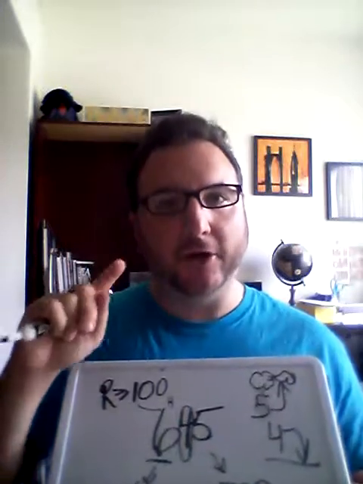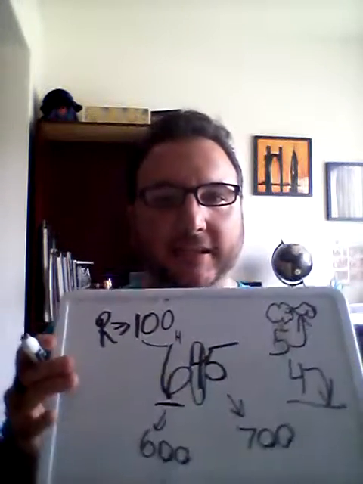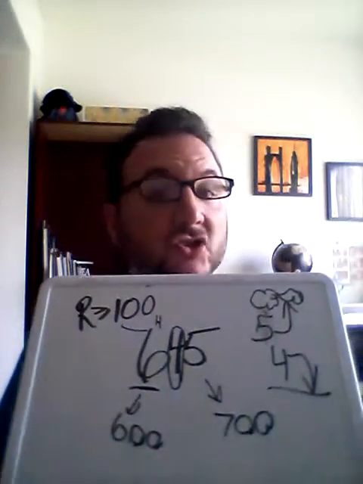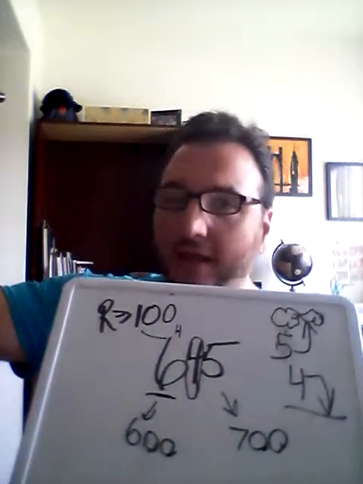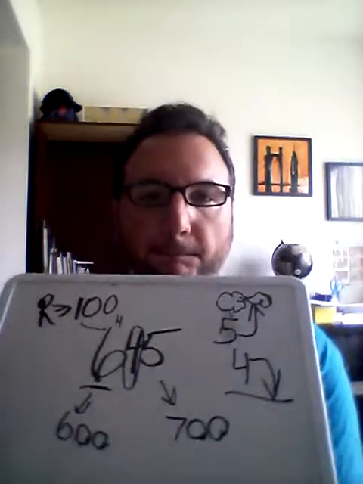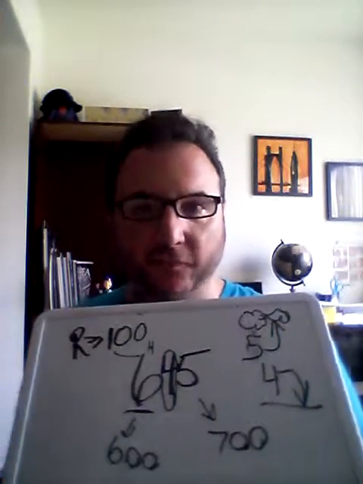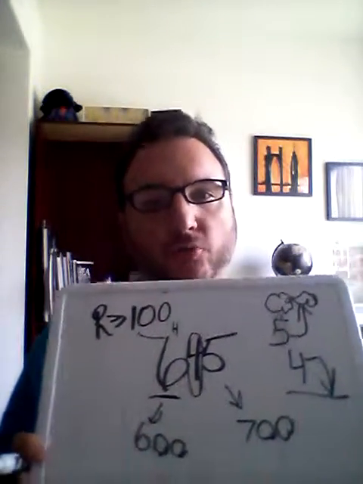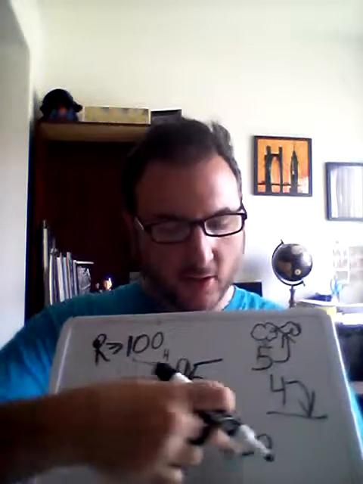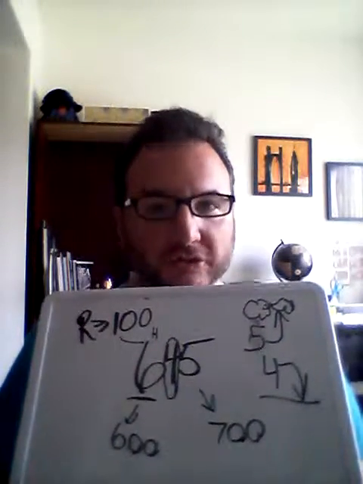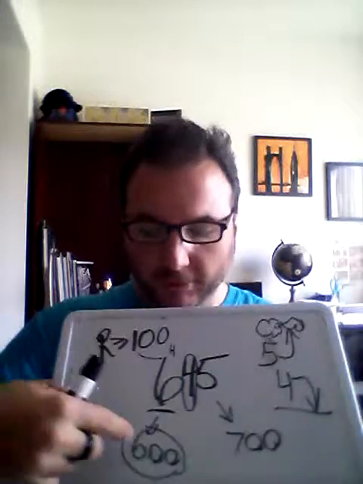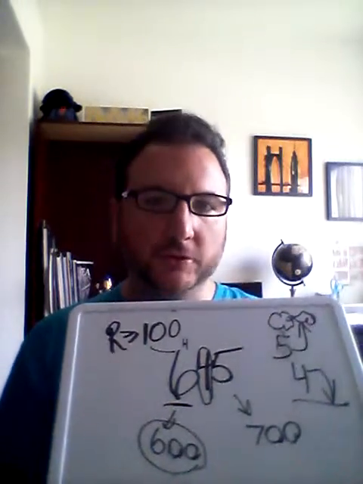So now I go back to my number. I see that the bossy neighbor is 4. Which way am I going to go? Am I going to go up to the sky, or am I going to stay down on the floor? I'm going to stay down on the floor because that is a 4. So which one do I pick, 600 or 700? Of course, I'm going to pick 600 because that's the lower of the 2 numbers.